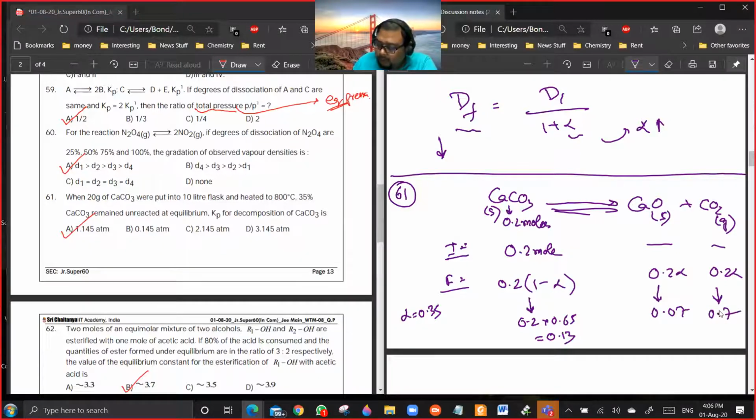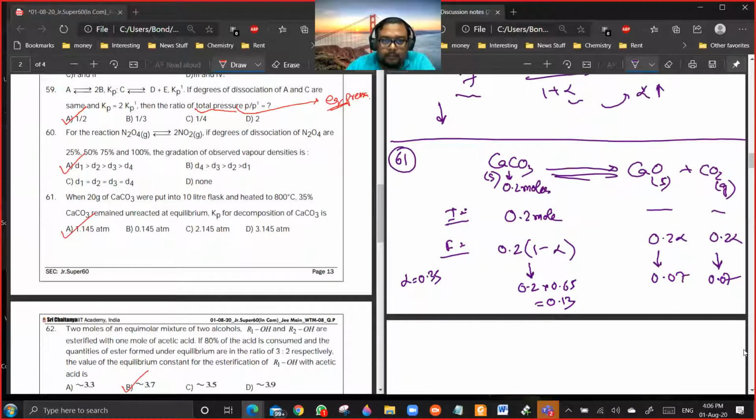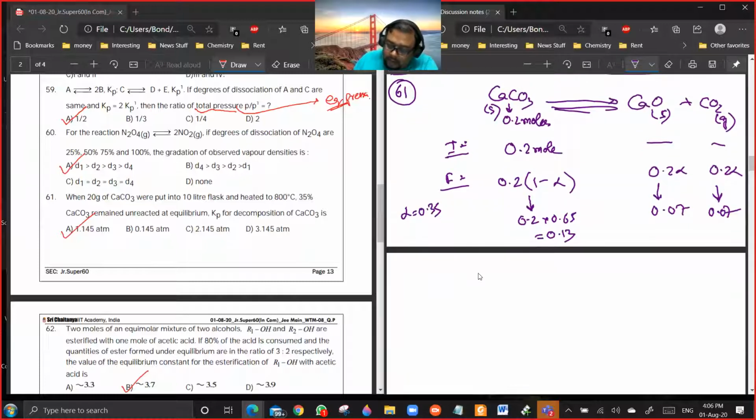Are you getting my point? Yes or no? Now, you see, Kc will be only equal to concentration of CO2. And Kp will only be equal to pressure of CO2. Why? Because these are solids.